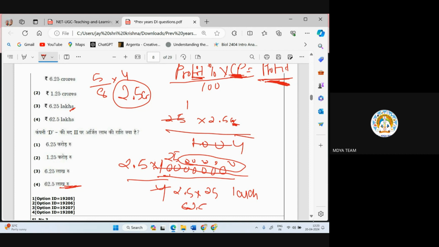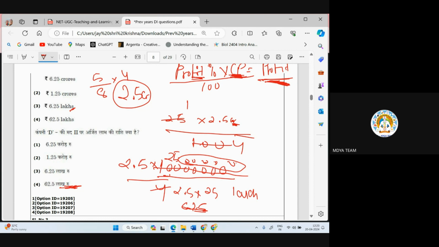Understood why it is 62.5? The answer will be 62.5. Got it, 62.5, not 6.25. With practice you will get these small calculations.